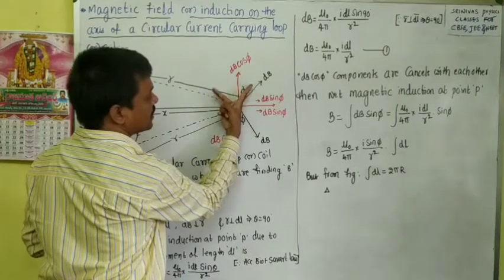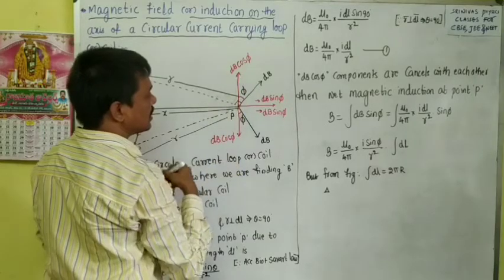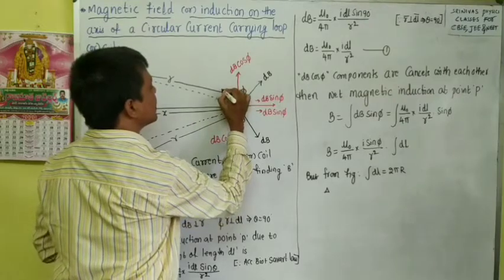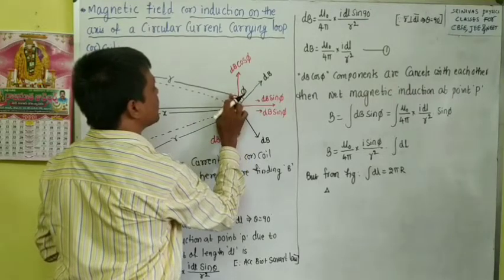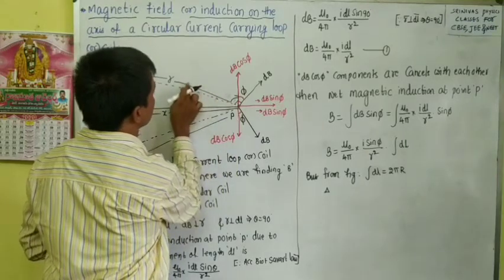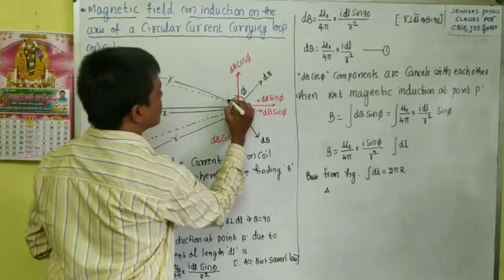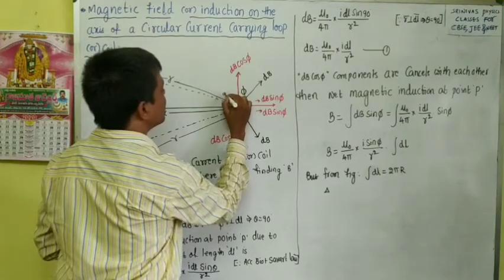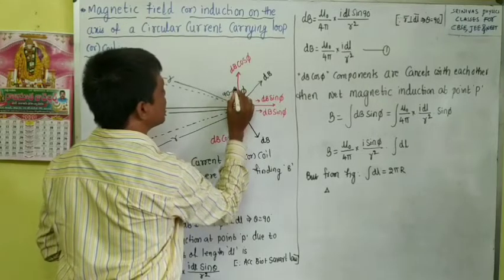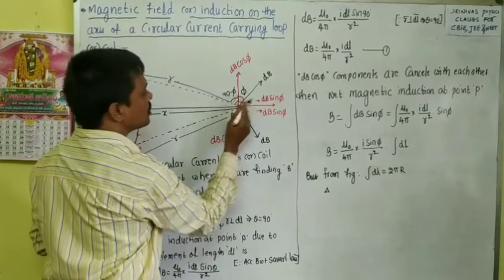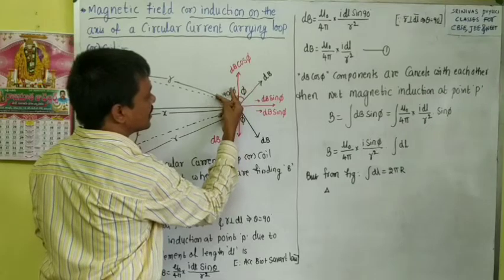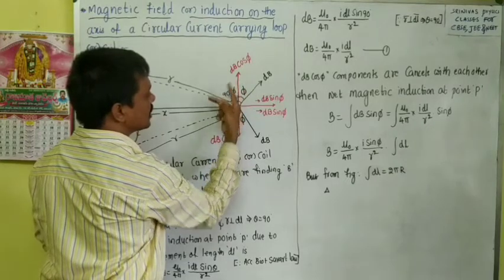This angle is phi, and the total angle is 90, so this angle will be 90 minus phi. Why 90 minus phi? Because these are perpendicular, 90. When you add these two, you must get 90. This is phi, so this must be 90 minus phi.